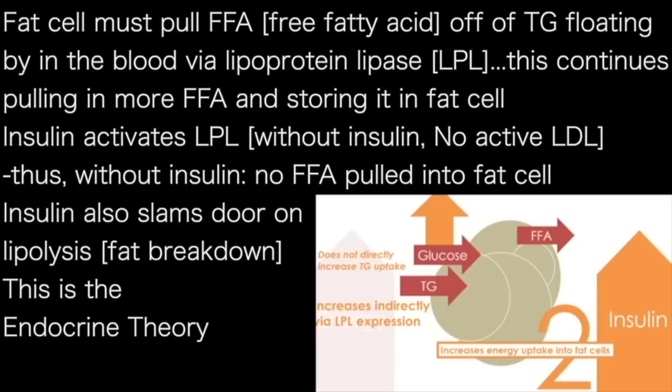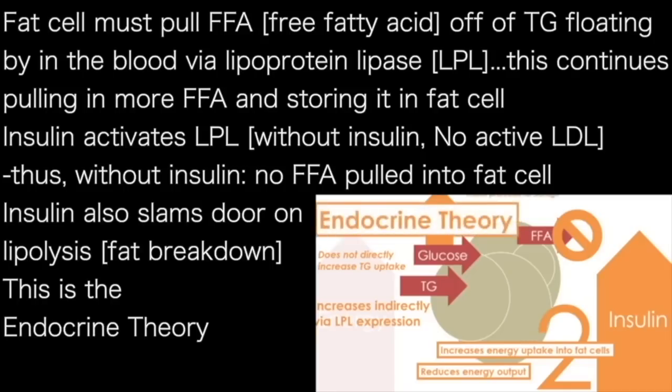And so the fat just passes you right by. It never gets pulled in. So insulin is both activating the input, and as I said a moment ago, it's also restricting the output. It is slamming the door on lipolysis, which is the technical term for the breakdown of the stored fat. This, in its simplest form, represents the endocrine theory that insulin promotes fat storage.